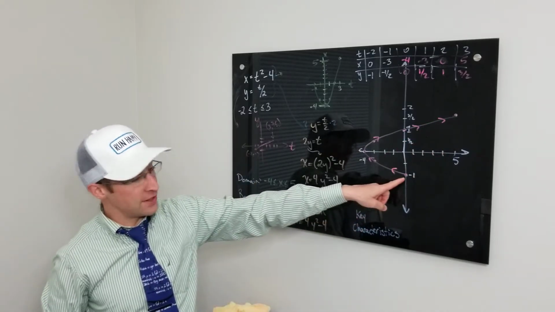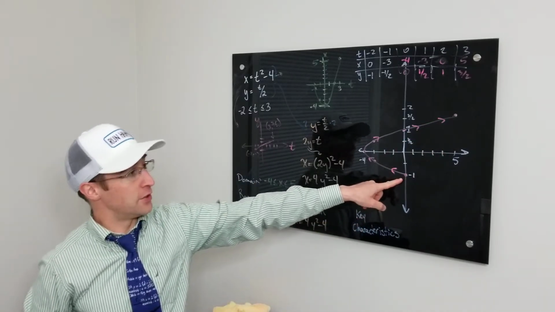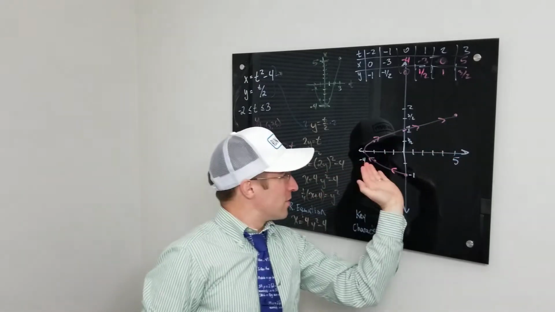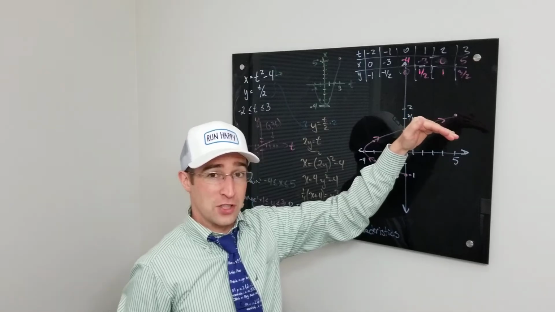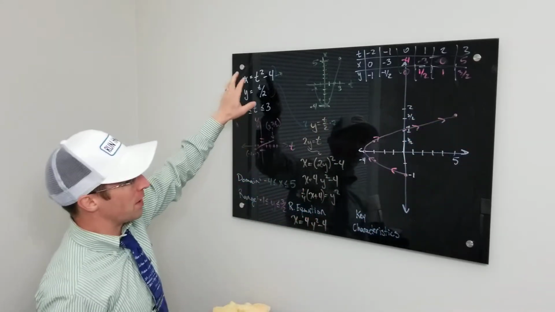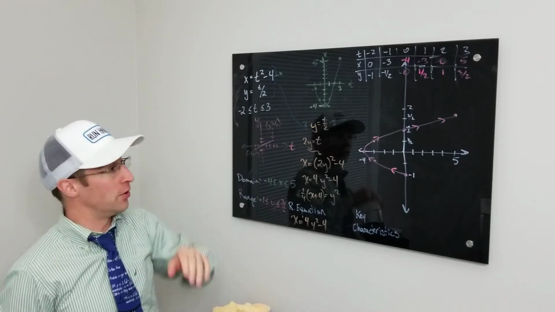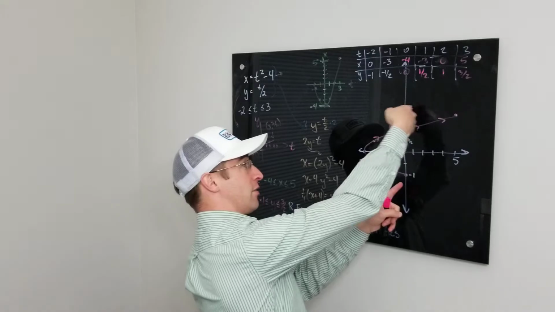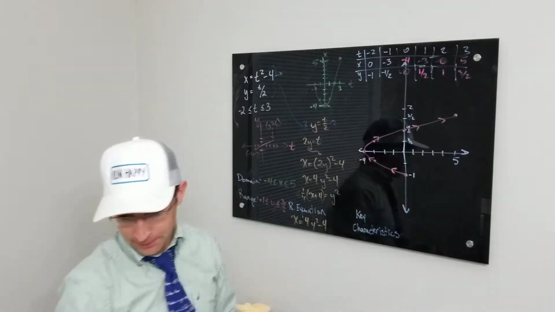Because t starts here at negative 2, this is when t equals negative 2, this is when t equals 3, we don't just get this horizontal parabola shape, we get this traveling along it. That extra t parameter gives us that direction arrow. If this was negative 2 for t up here and this was 3, then the arrows would be going the other direction. Okay.